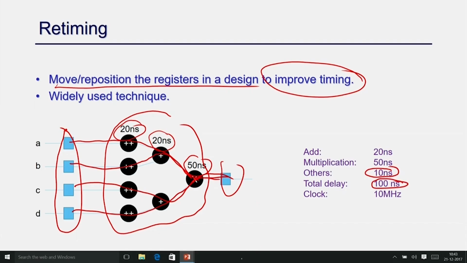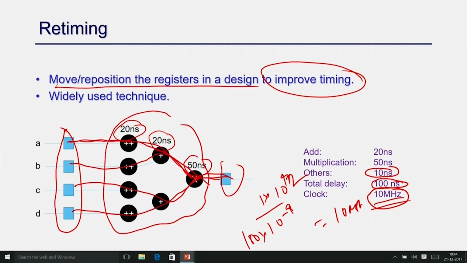So, if you have 100 nanoseconds, you are going to achieve 1 by 100 nanoseconds, that is 10 to the power minus 9 into 100, which gives 10 megahertz, right. So, in this circuit you are going to get 10 megahertz, because the total delay of this circuit is 100 nanoseconds. Okay.